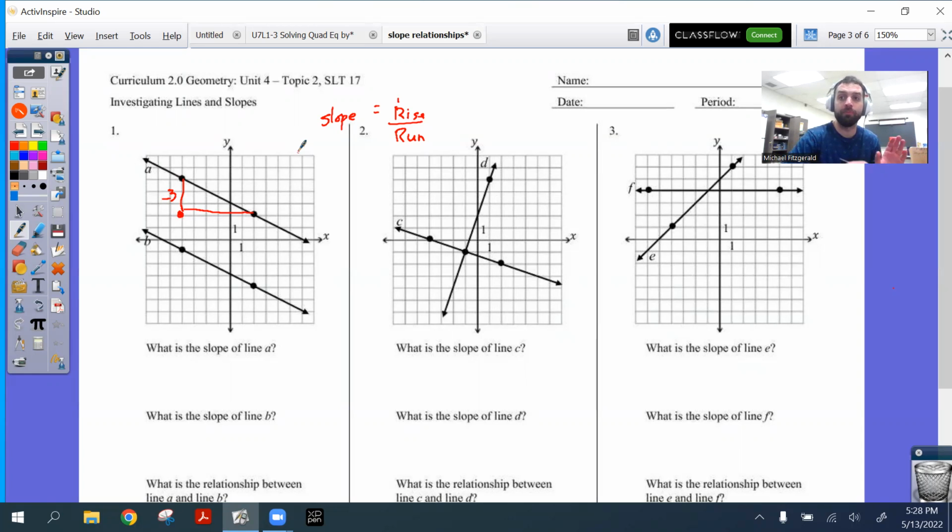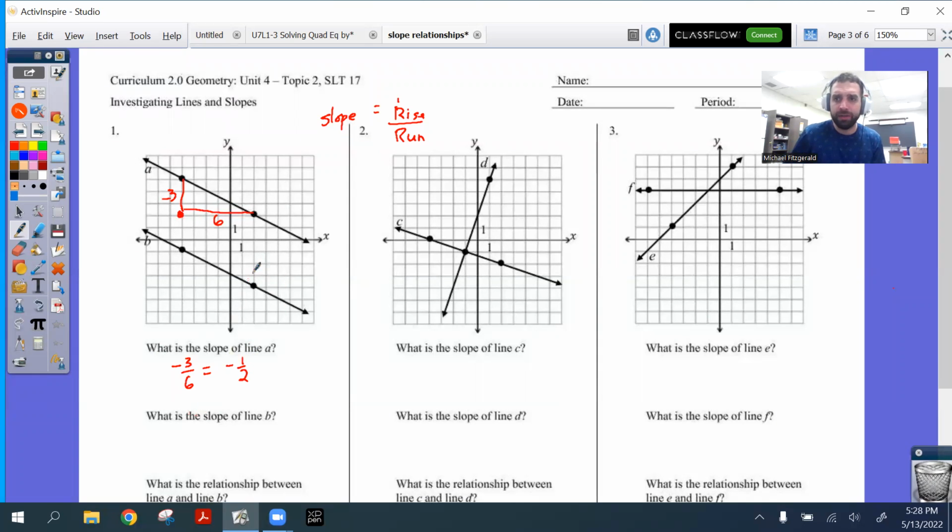That is one of the most common things to mistake. And how much does this go to the right? 1, 2, 3, 4, 5, 6. So we'd say our slope is -3 over 6, which is simplified to -1/2.